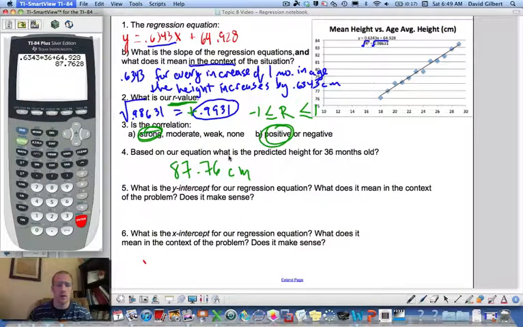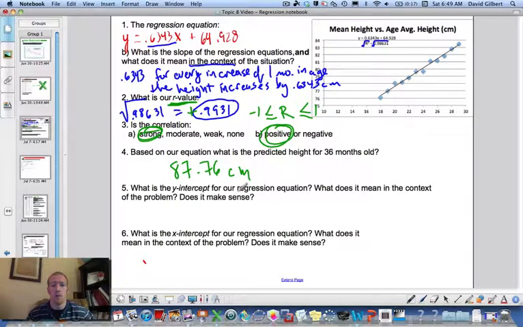So why don't we convert this to inches? We have to divide by 2.54, and that's almost 35 inches. That rounds up to 35 inches. Should a 36-month-old, or a 3-year-old, be about 35 inches or about 3 feet? Yeah, that makes sense, I guess.